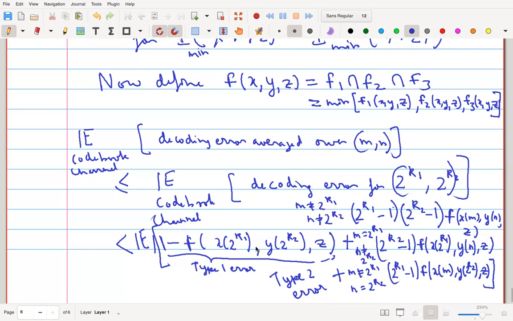The channel has produced output Z, but somehow Charlie did not accept it. So what is the joint distribution? As I'm randomizing over the codebook, what is the joint distribution that we get to consider?